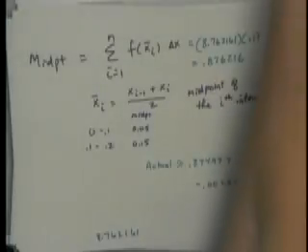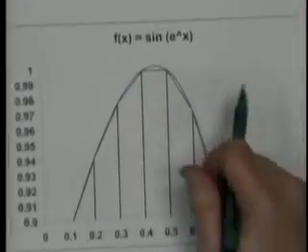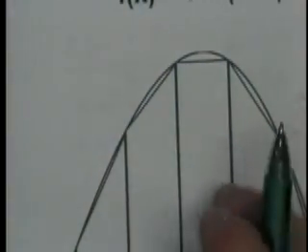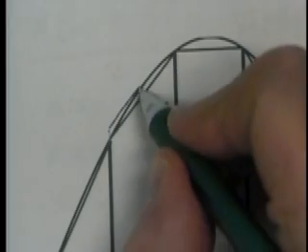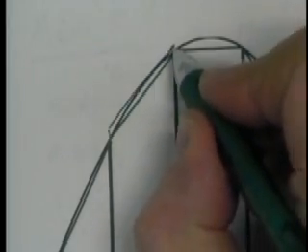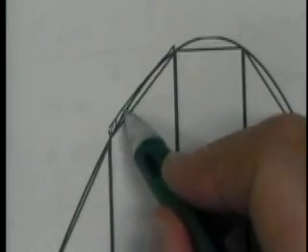So on the one where we could see it best, just if I can draw it well enough. This is approximately a midpoint, and I'm making a trapezoid here that's a little bit too big because it's concave down, compared to the trapezoid that we got with the trapezoid rule that was too small.